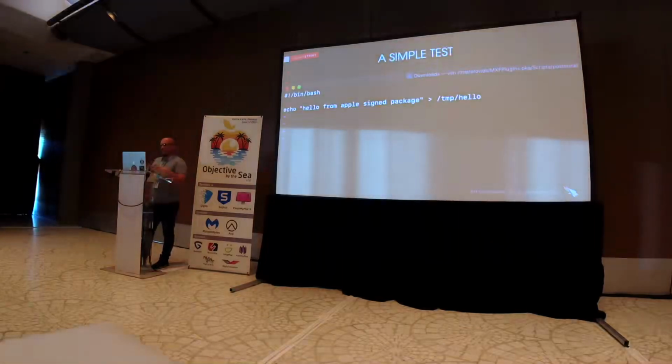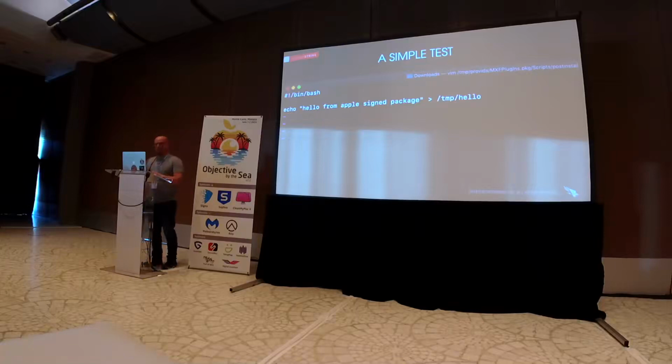And I took that PKG, I expanded it, I went to the post install script, and I just put "hello from Apple signed package" once again to temp hello. So if I could get this file to exist, that would also mean that this could be pulled off even with an Apple signed package, which at this point is what I was trying to verify.